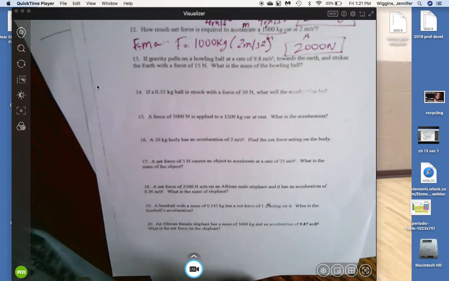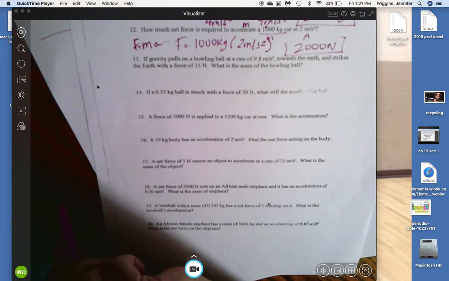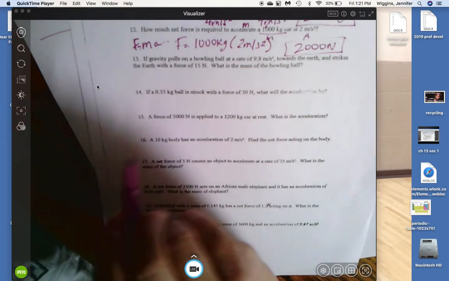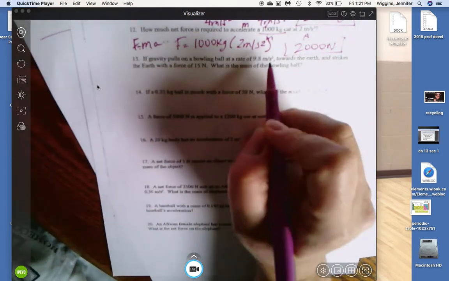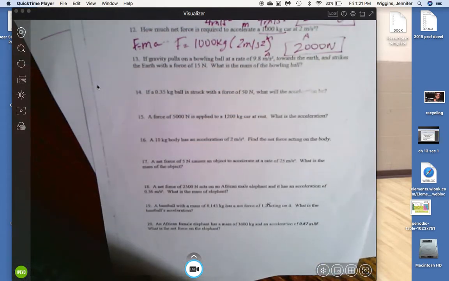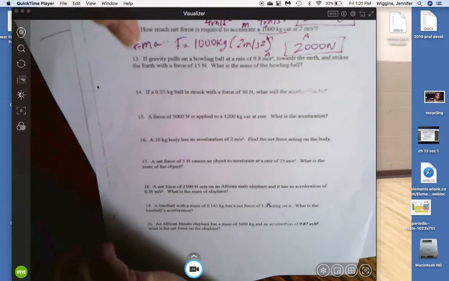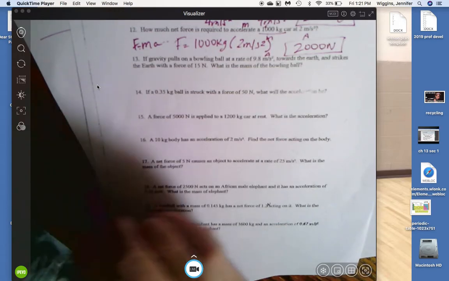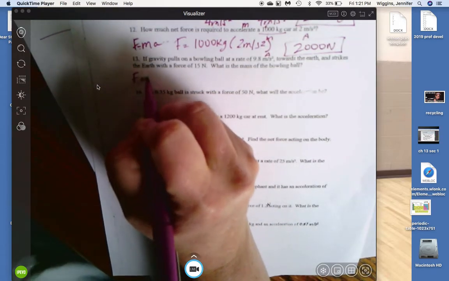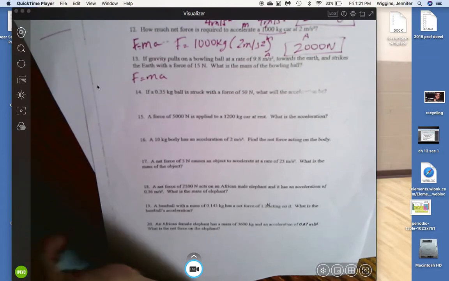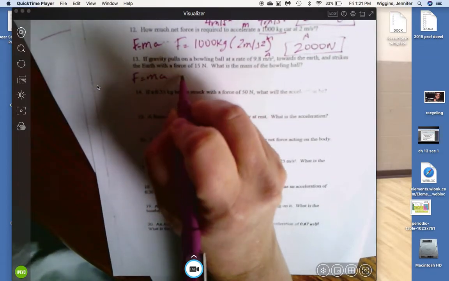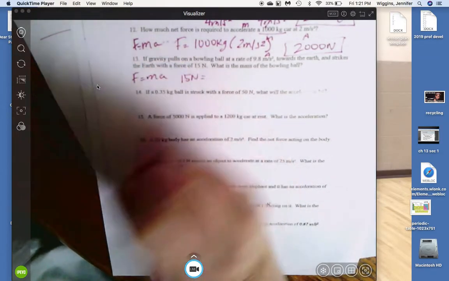All right. If gravity pulls on a bowling ball at a rate of 9 meters per second squared, and that's gravity, so that's also acceleration, towards the Earth, and it strikes the Earth with a force of 15 newtons, what is the mass of the bowling ball? Again, I'm going to use my formula, force equals mass times acceleration. My force is 15 newtons.